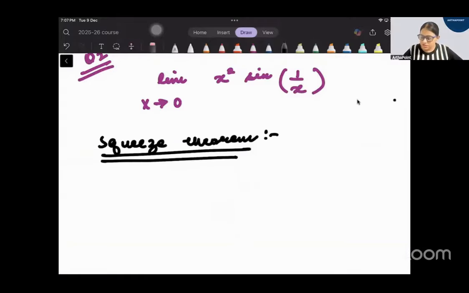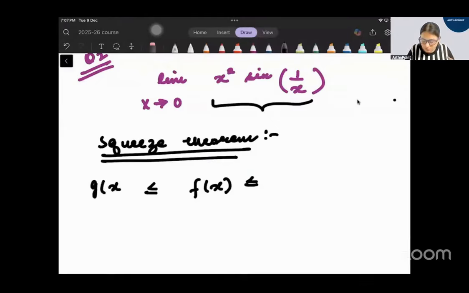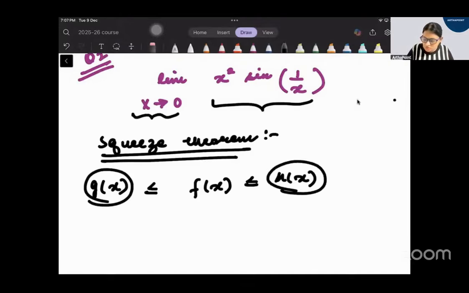The squeeze theorem says that whatever function is given to me is bounded between two functions, and when I apply the limit on these functions, I get the same answer.